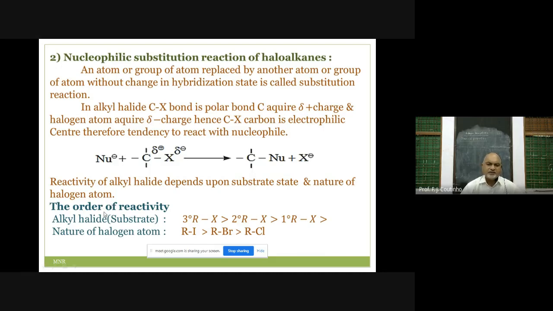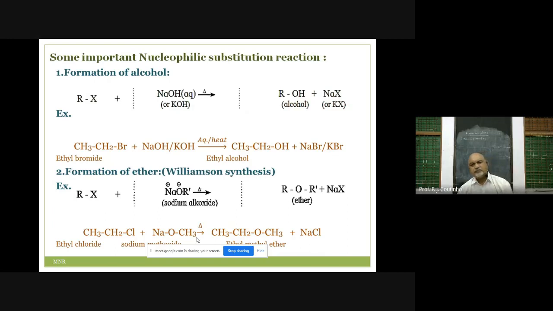The order of reactivity is alkyl iodide greater than alkyl bromide greater than alkyl chloride. Chlorine is the most electronegative, and that's why most of the time we take only bromine and chlorine in this reaction. Iodine is very electropositive, and that's why we don't usually use iodine as a halogen.